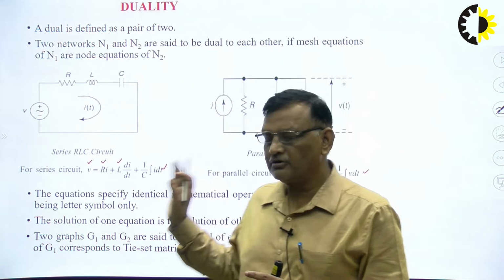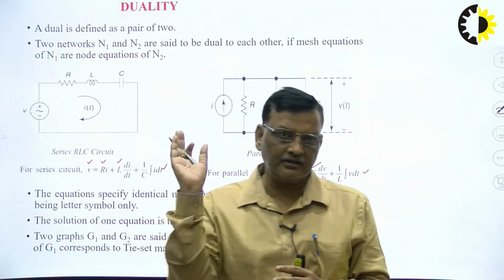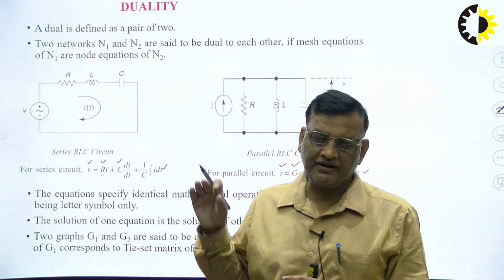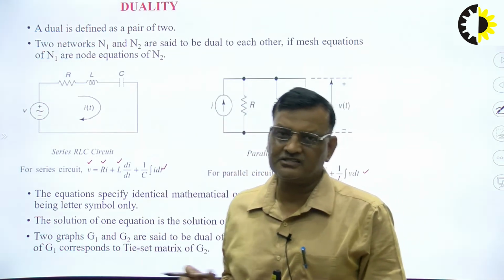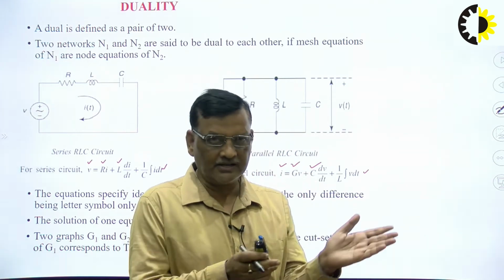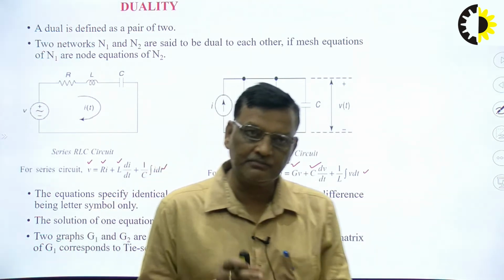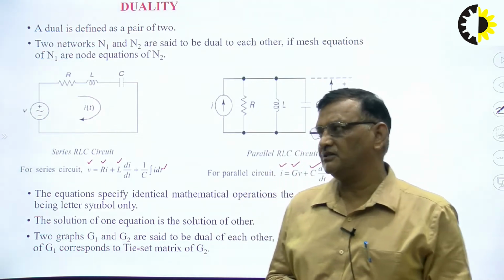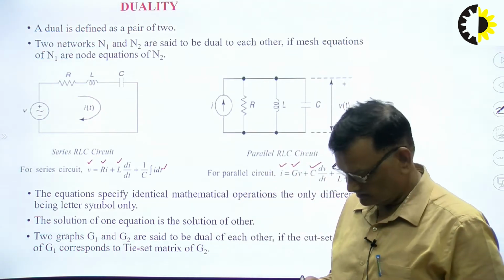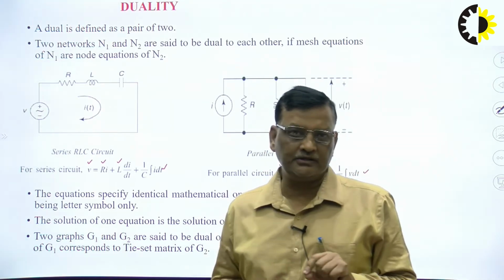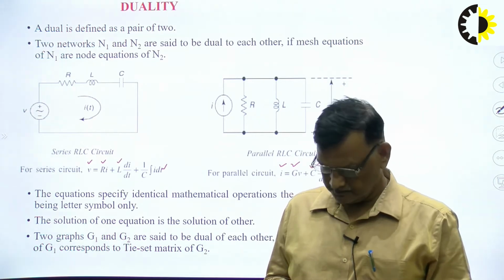And we draw the tree, then take the cut set and find the fundamental cut set matrix. If both the tie set matrix of G1 and the cut set matrix of G2 are the same, then these two graphs G1 and G2 are said to be dual to each other. So this is the definition of duality from the graph theory point of view.